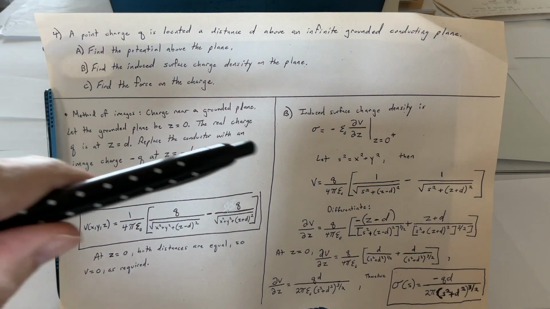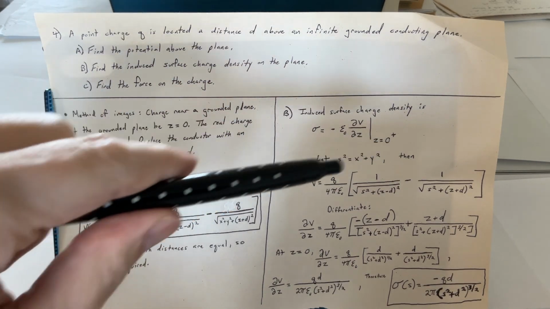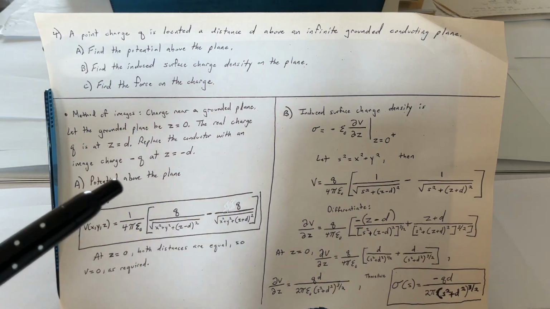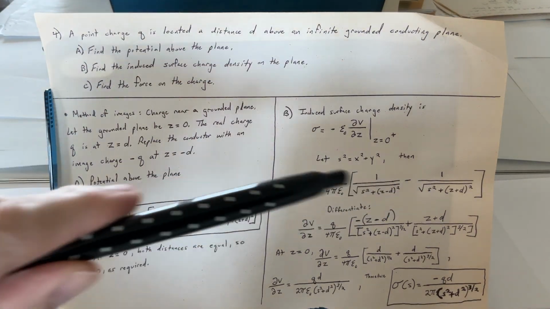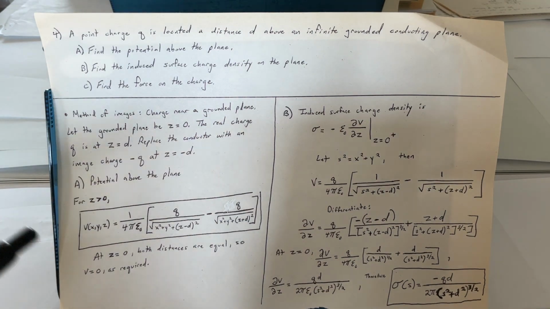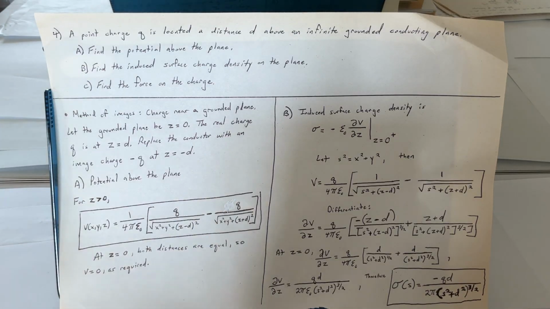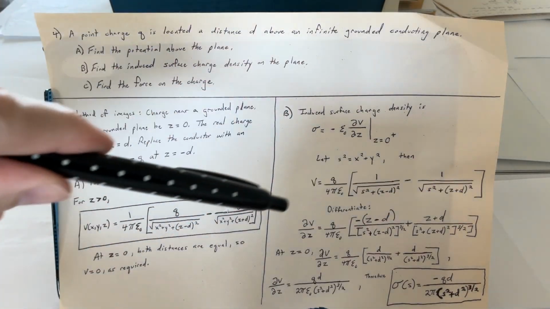Since s squared equals x squared plus y squared, we can substitute s squared and rewrite this term, and then we differentiate it.